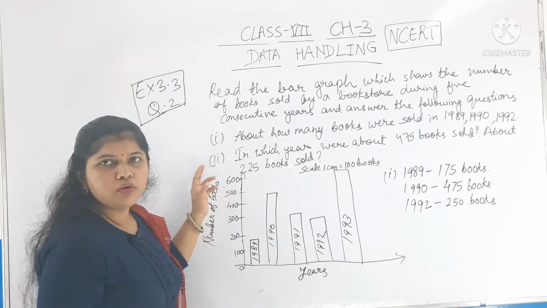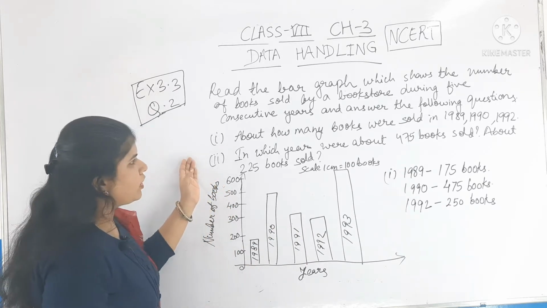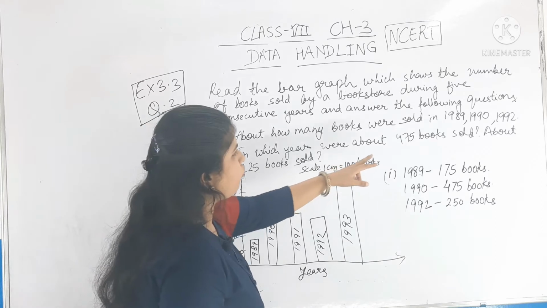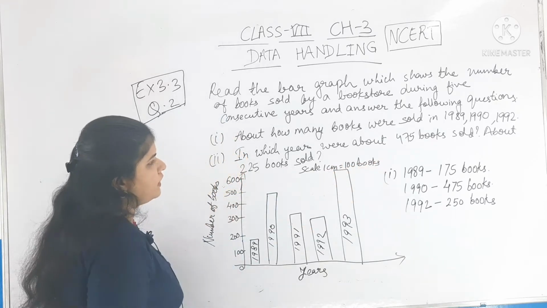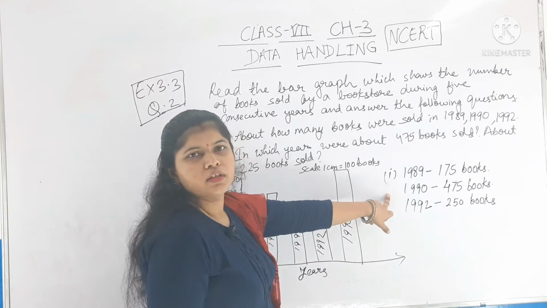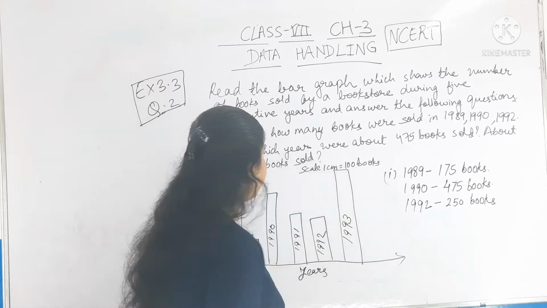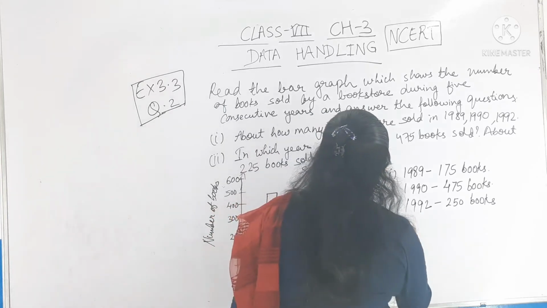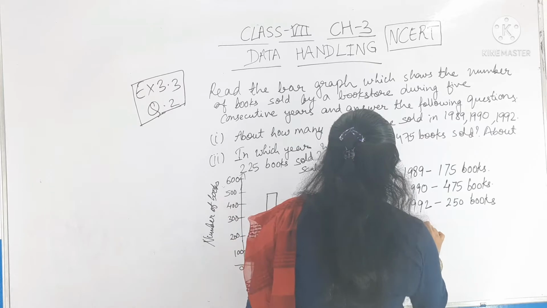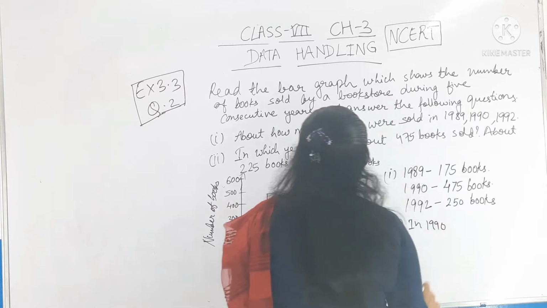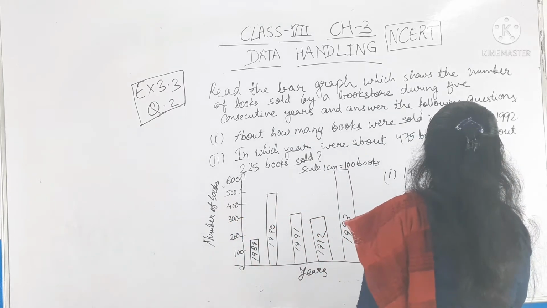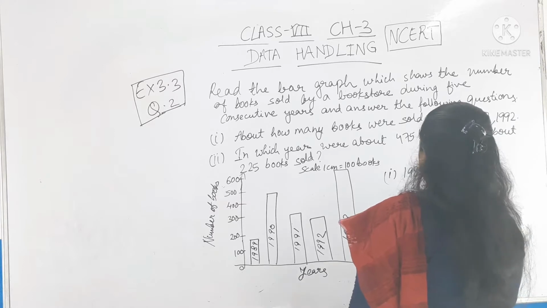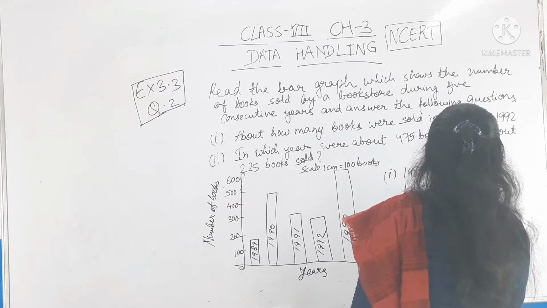Okay, now in the second part: in which year were about 475 books sold? We sold these 475 books in the year 1990. So you have to write, in 1990 475 books were sold.